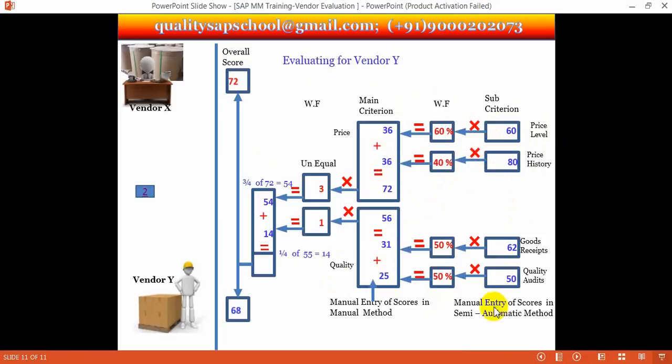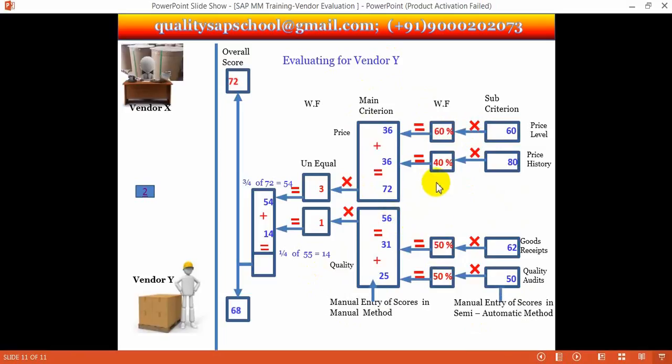So if we enter at this level, this is manual entry of scoring, a semi-automatic method we can say. We are going to see that now. And if it is fully automatic, it means we are not going to enter anything.